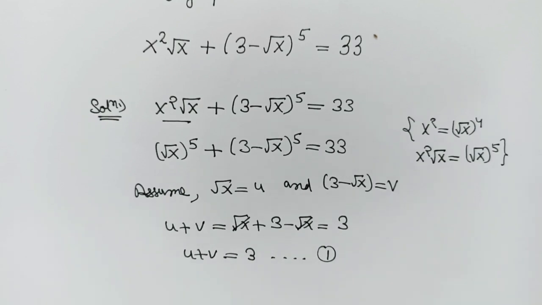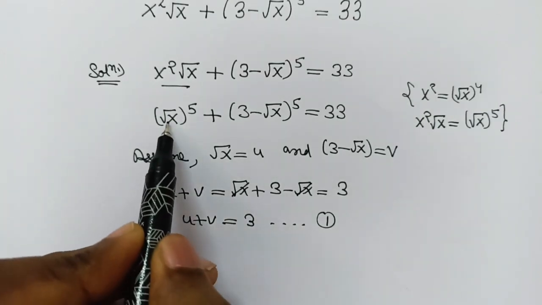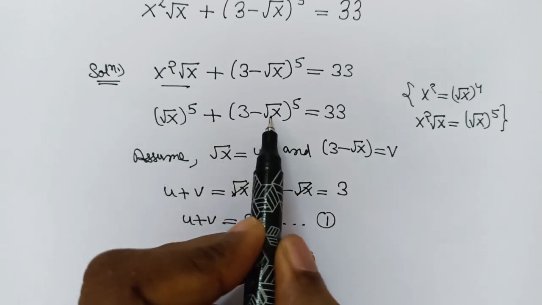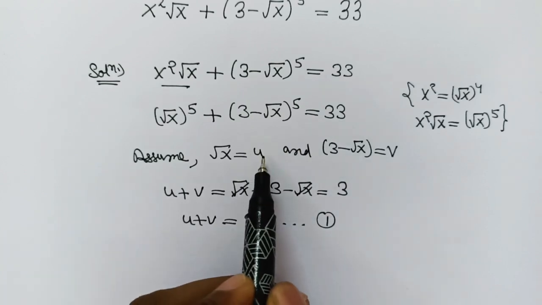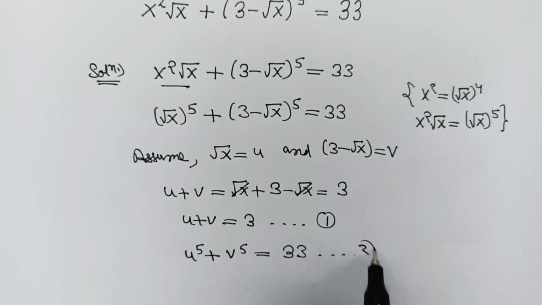And the second relation is, from this part, (√x)^5 + (3 − √x)^5 = 33, as we supposed u and v, this can be written as u^5 + v^5 = 33. Suppose this is equation number 2.